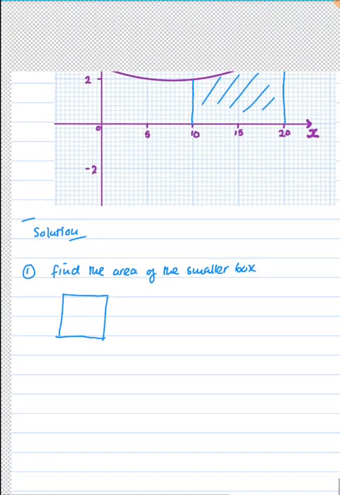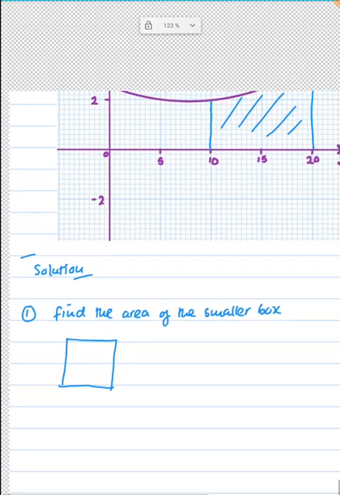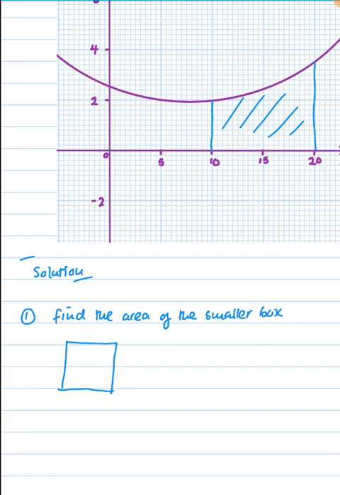In finding the area of the bigger box, we find that we have 0 to 5 and we have 2 here. So in other words, we have a box like this, and then we have 2, and we have 0 to 5, and we have 5. So our box is 2 and 5.